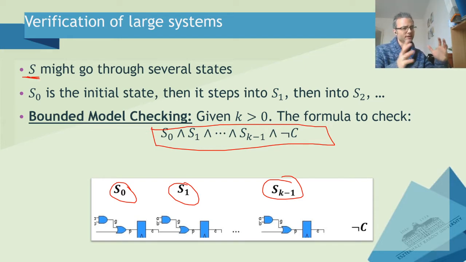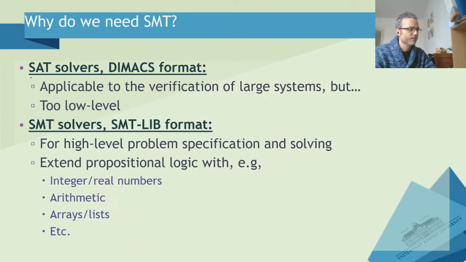So you can imagine that this formula can get really huge. Okay, so this is inconvenient. Rather, now we are going to learn a new approach, which is called SMT.